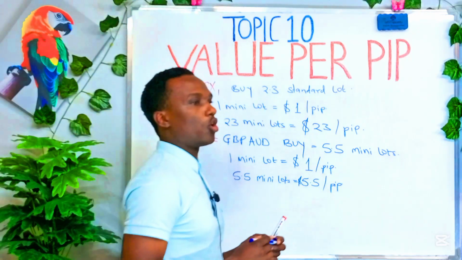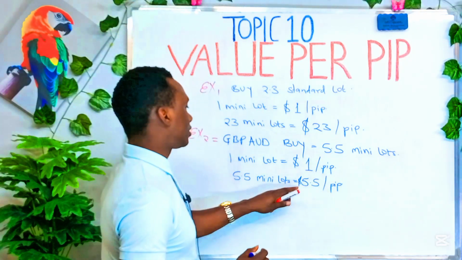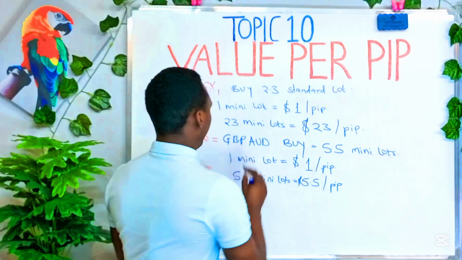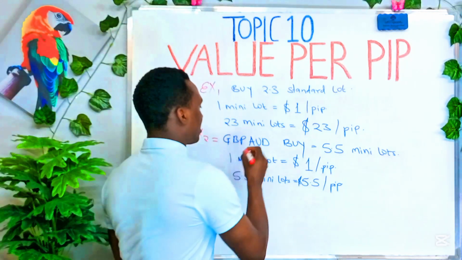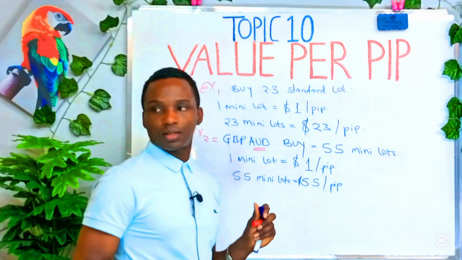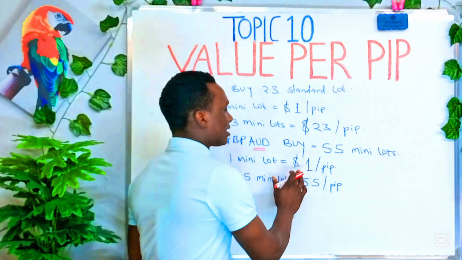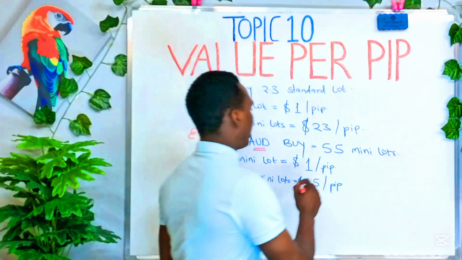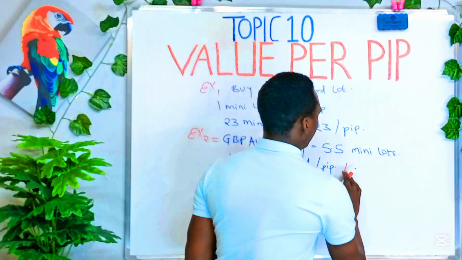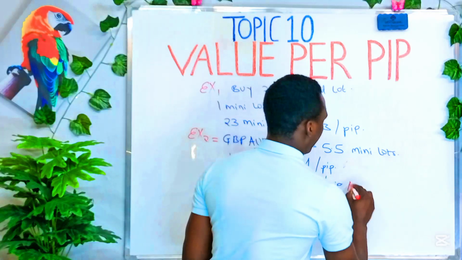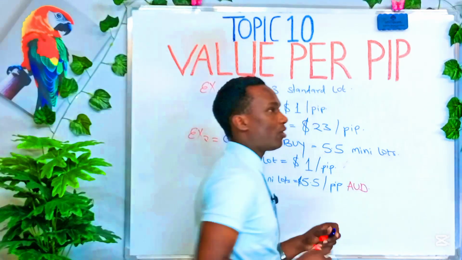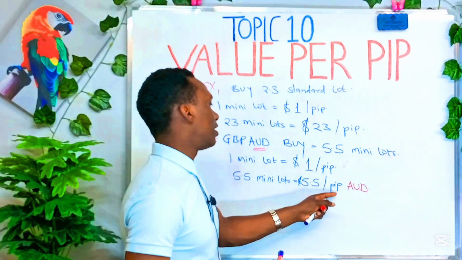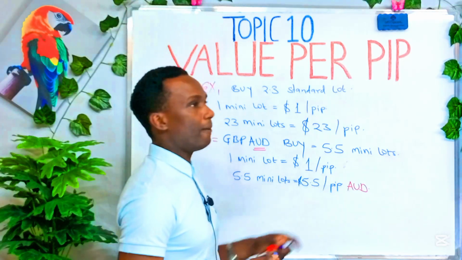We should note it is not US dollars. Why? Because AUD is the quote currency, so the dollars here are in AUD. We are saying it is 5.5 AUD per pip.